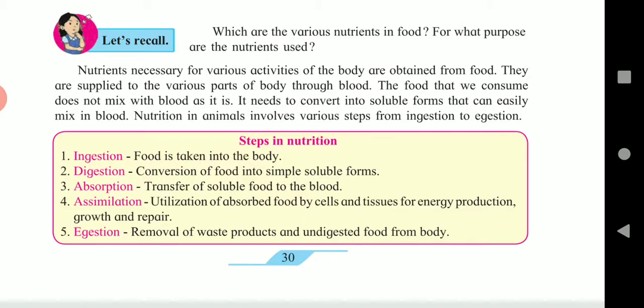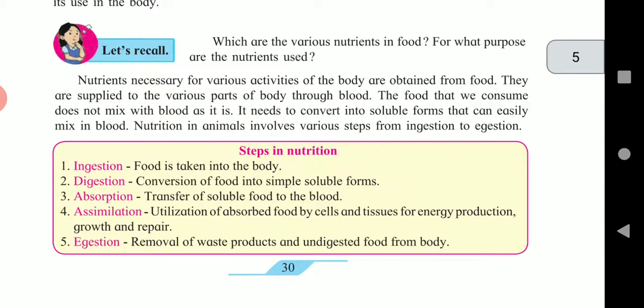Now let us see the different steps in nutrition. First one, ingestion. Ingestion means what? Food is taken into the body. Second step, digestion. Conversion of food into simple soluble form. Third one, absorption.